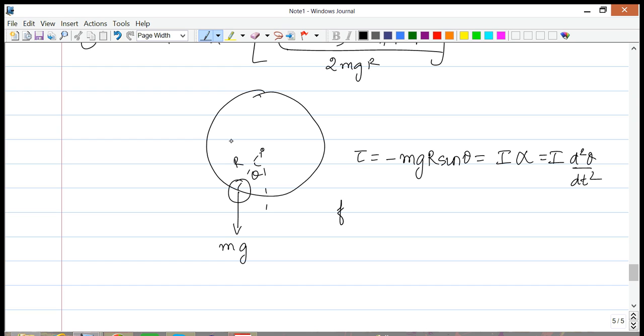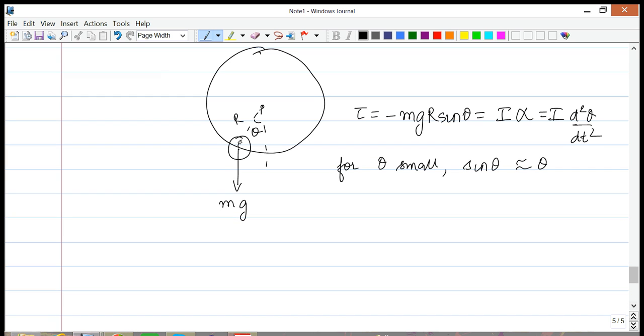Now, for theta small, we know that sine of theta is approximately equal to theta. So I can rewrite this as I d2 theta by dt2 is equal to negative mgR times theta.